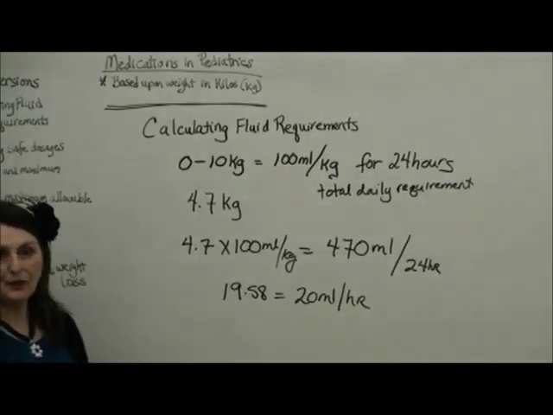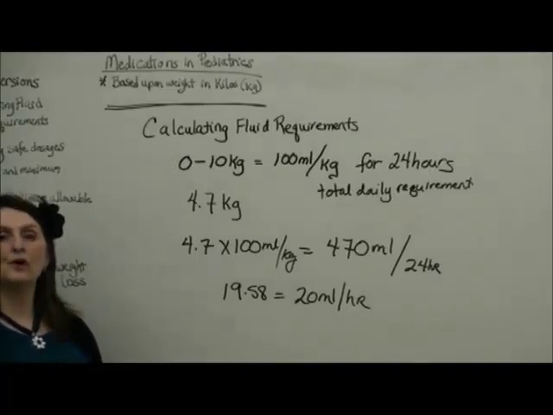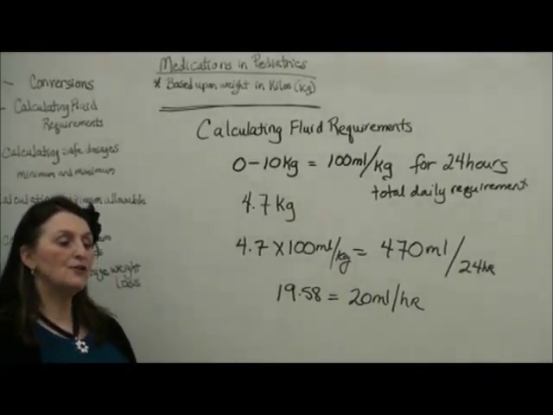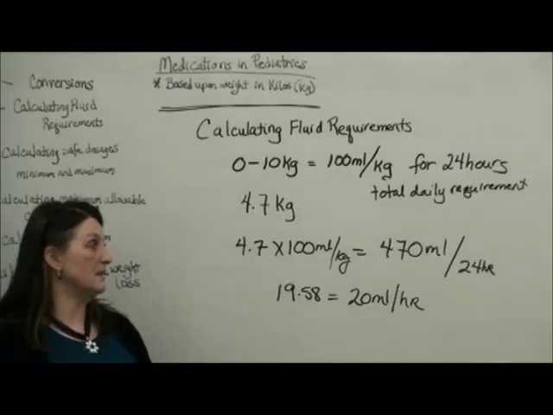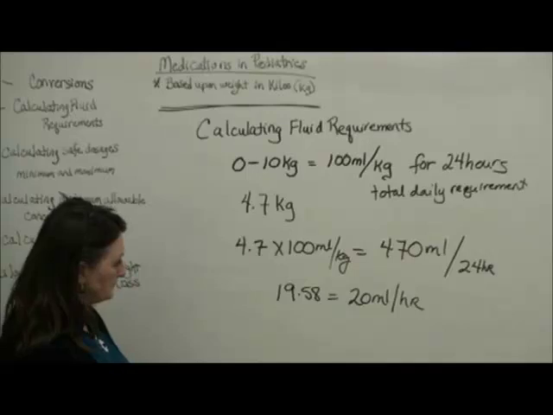If they have a fever, if they have drains, if they have wounds that are oozing, they're going to need more than this. This is only for the healthy child who doesn't have increased metabolic demands. They will need 100 milliliters per kilo.